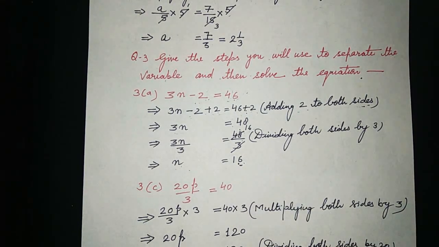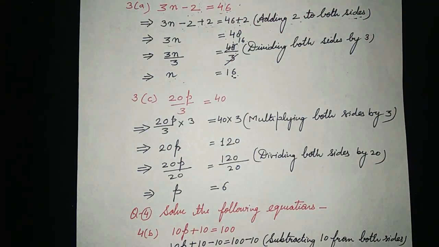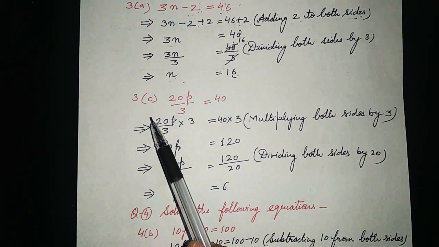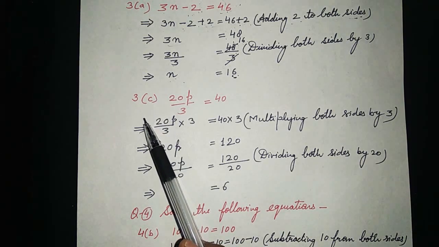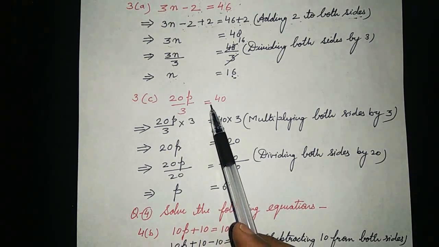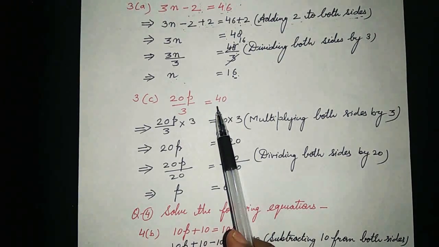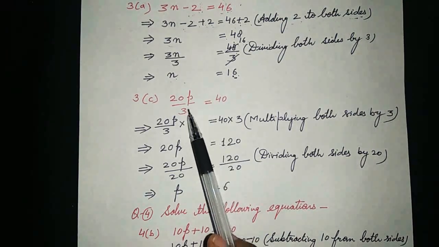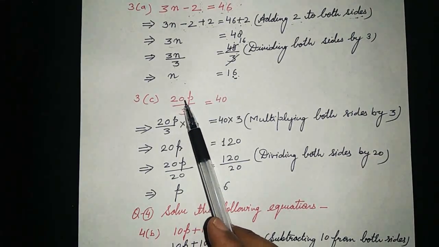Now you see C part of the question. Now see the C part of question number 3. C part of the question 3 is 20p upon 3 is equal to 40. In this equation, you can see this 3 is in division and this 20 is in multiplication.